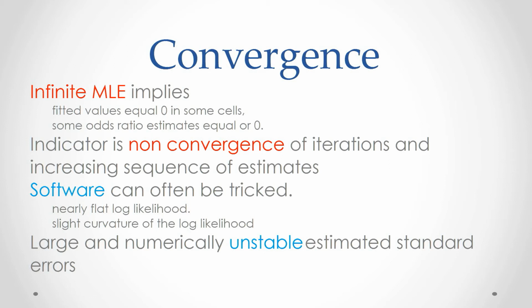Thus, a problem with having sparse data is that one might not realize that the true estimated effect is infinite and report estimated effects in statistical inference that are highly unstable.